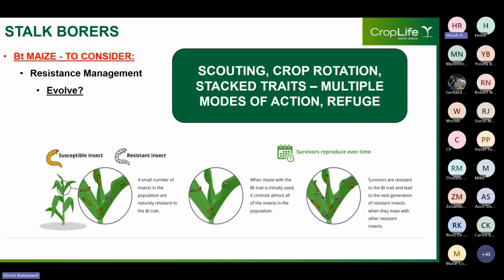Key components of resistance management for Bt maize varieties include scouting, crop rotation, stacked traits with multiple modes of action, and again, the mandatory planting of a crop refuge. In terms of scouting, farmers must monitor their fields to know what pests are present and assess crop damage to help inform their decisions on pest management.